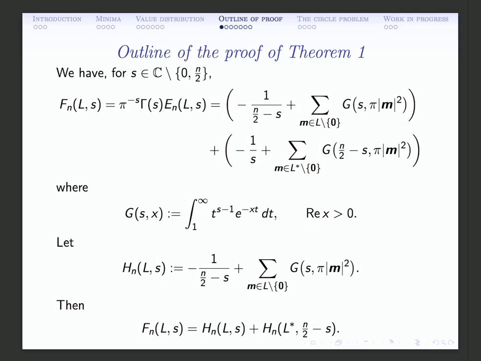And then I also have to remember that in the first I have L, and in the second there's the dual of L. In the region where this theorem 1 is stated, it turns out that I only need to care about one of these Hn's. So it turns out that this first one will always be exponentially larger than the second in terms of n. So it's really a question about what can we say about Hn.